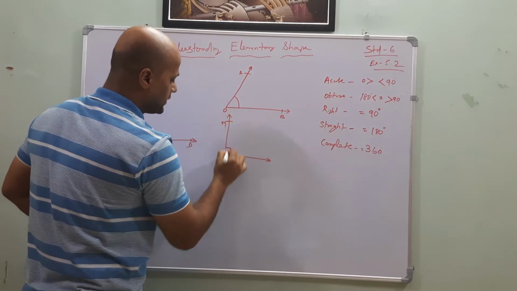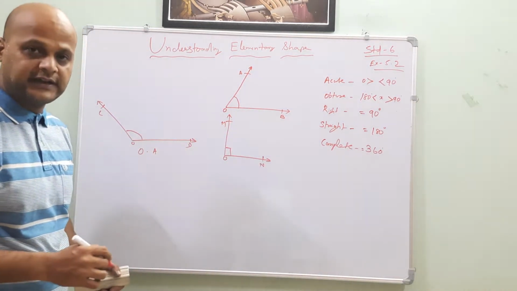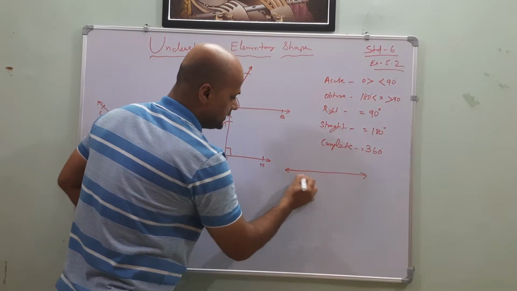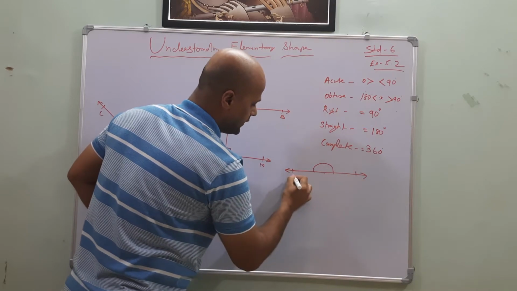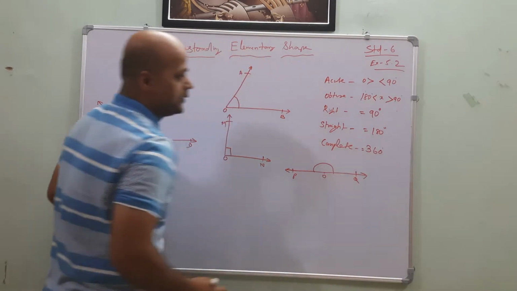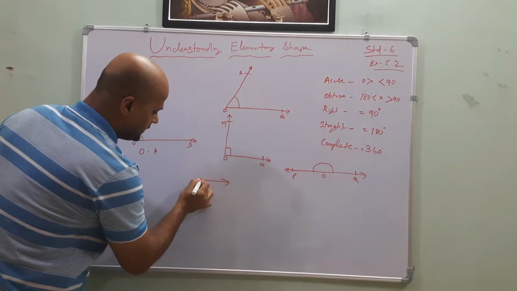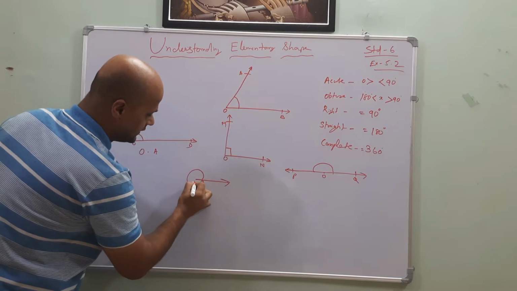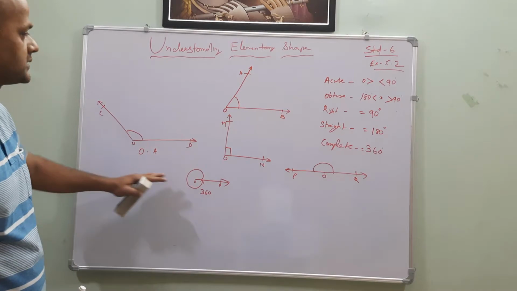If I say MON, it is equal to 90 degrees. A straight angle, from the center point, is 180 degrees. A complete angle is a total of 360 degrees. Understood my dear friends? These are some examples of the angles.